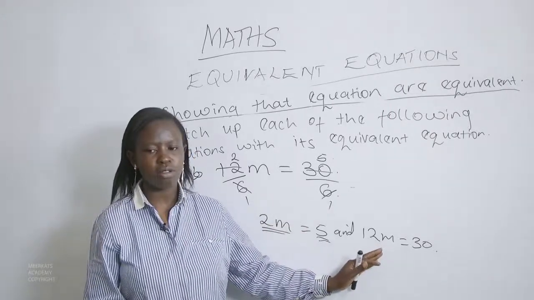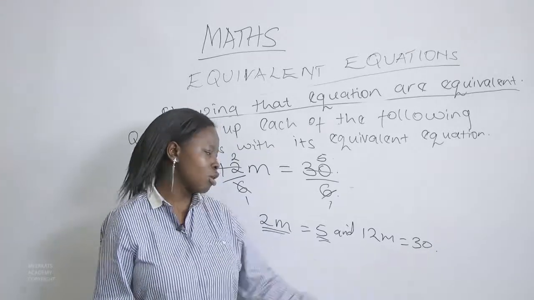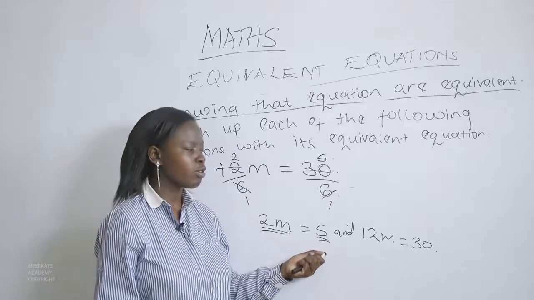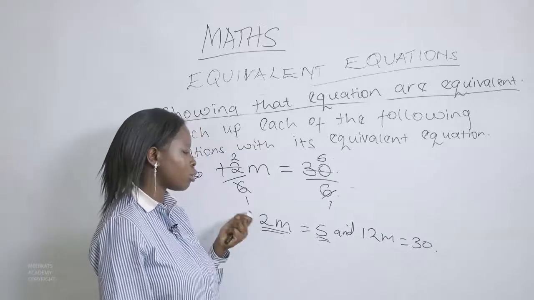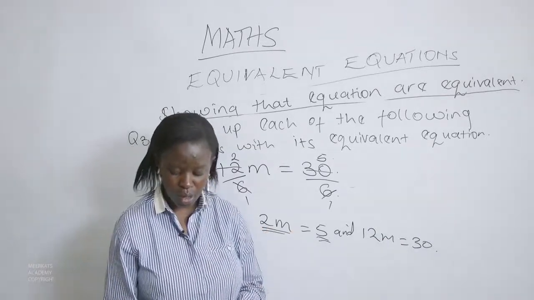If I divide the left-hand side by 6 and the right-hand side by 6, we obtain 2m is equal to 5. So it means that the equation 12m is equal to 30 is equivalent to 2m is equal to 5.